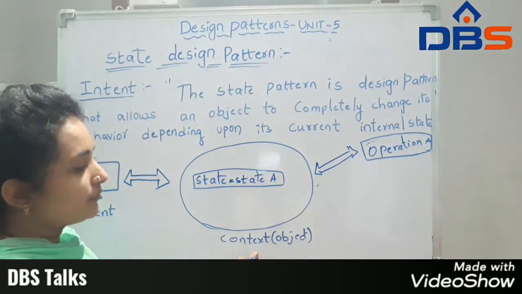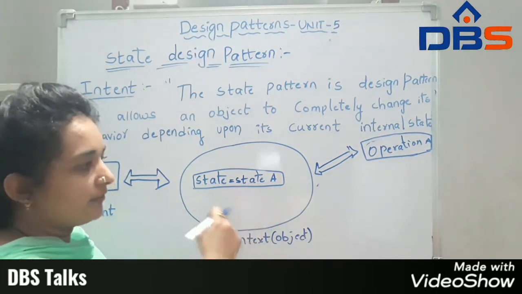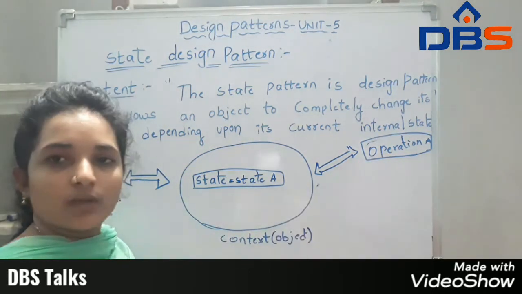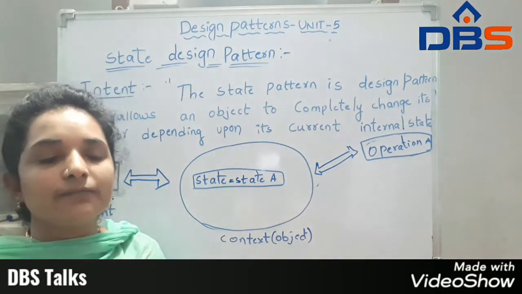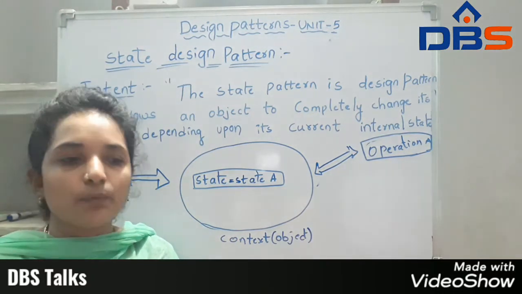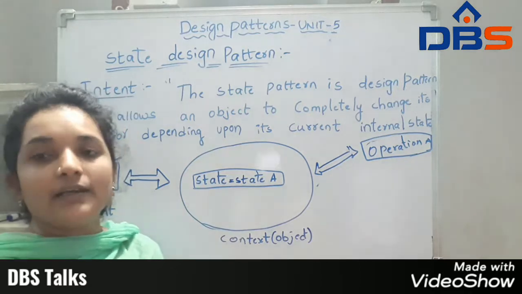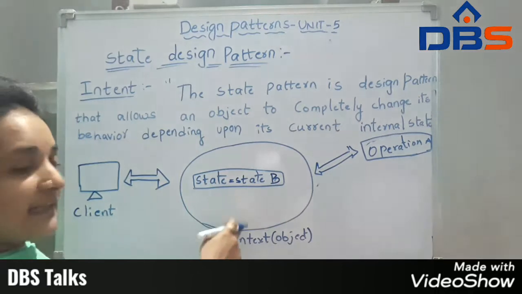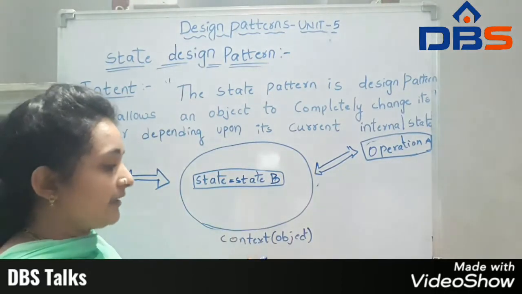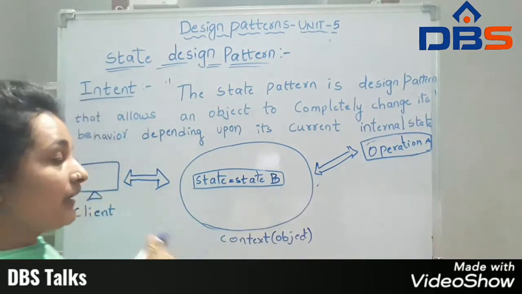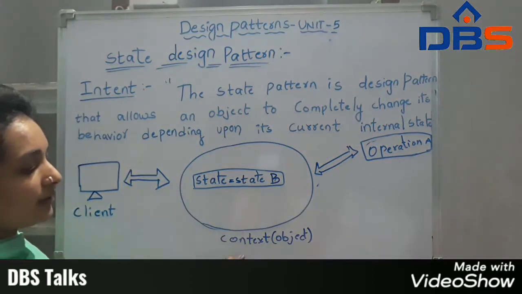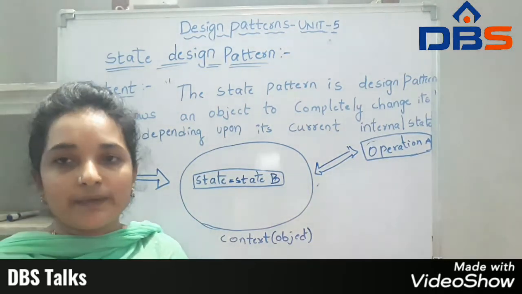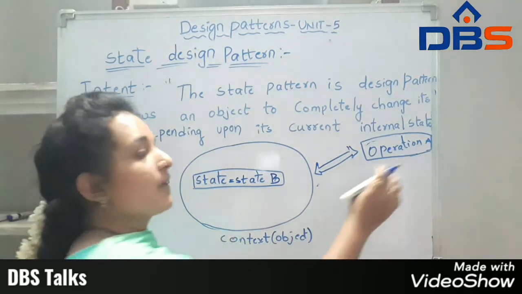Whatever the current internal state is, that will be performed as operation A. Suppose the internal state in the context object changes to state B. If the client sends a request to the context object, the context object will perform the state B operation. It means operation B will occur.